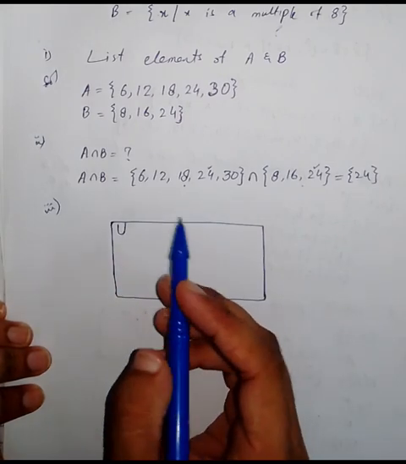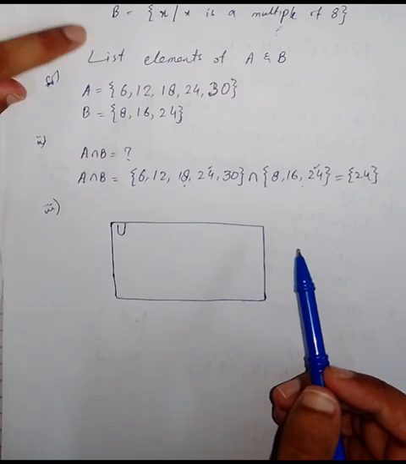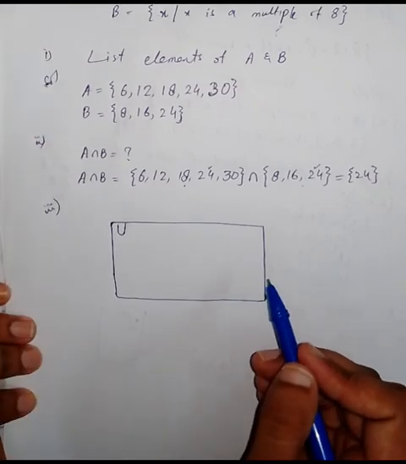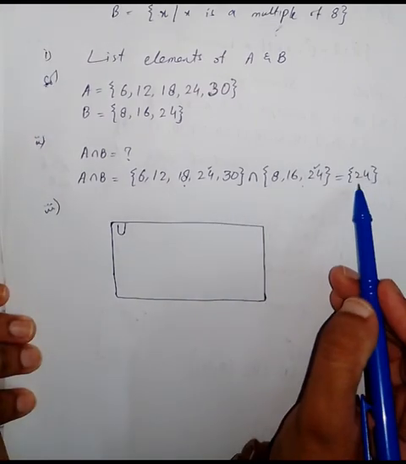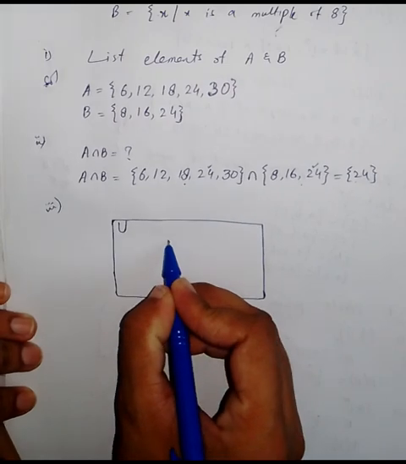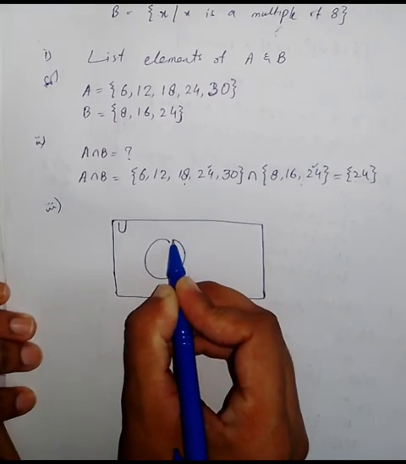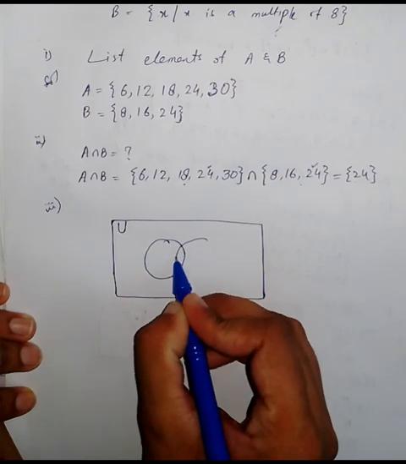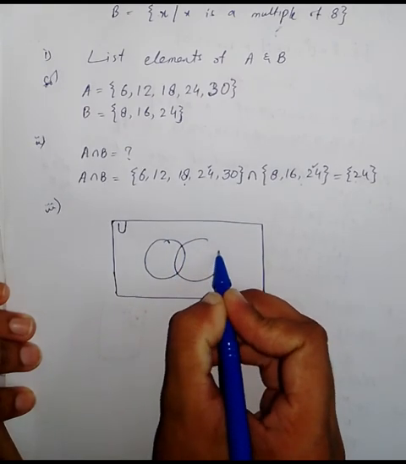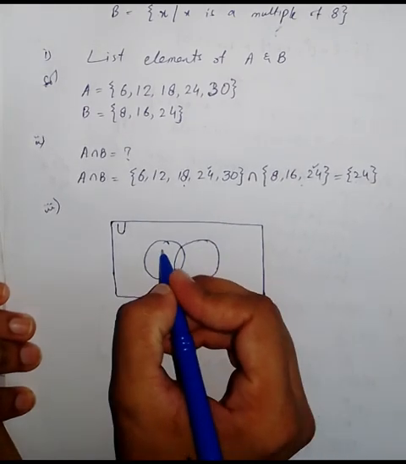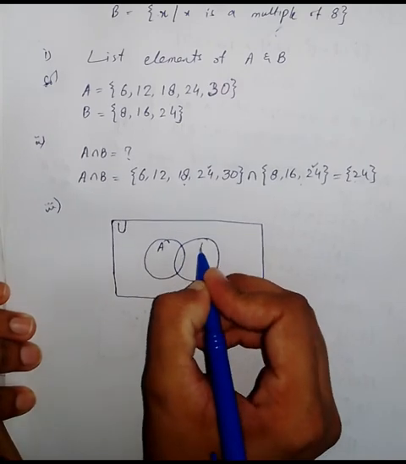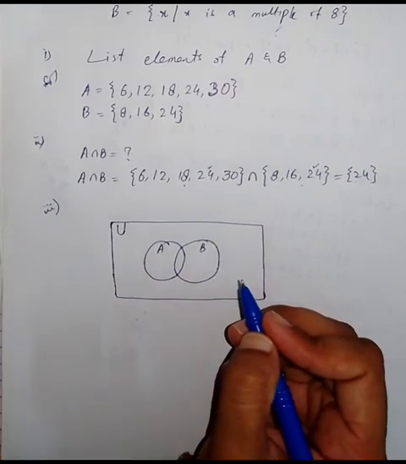Then you have to draw two sets in it, set A and set B. These are overlapping sets because they have some common element. So draw two circles that overlap each other. Name this A and name this B.